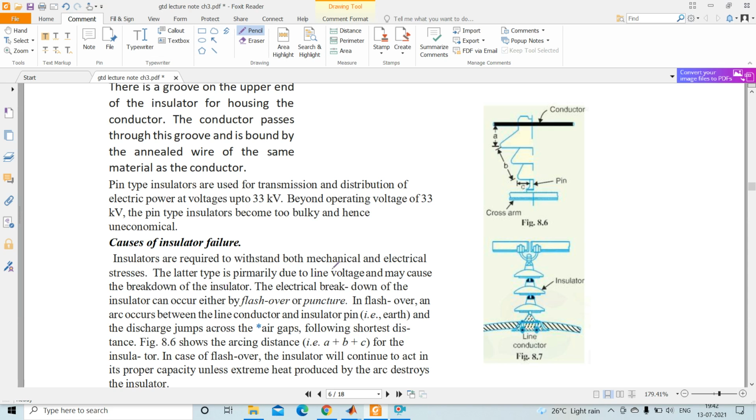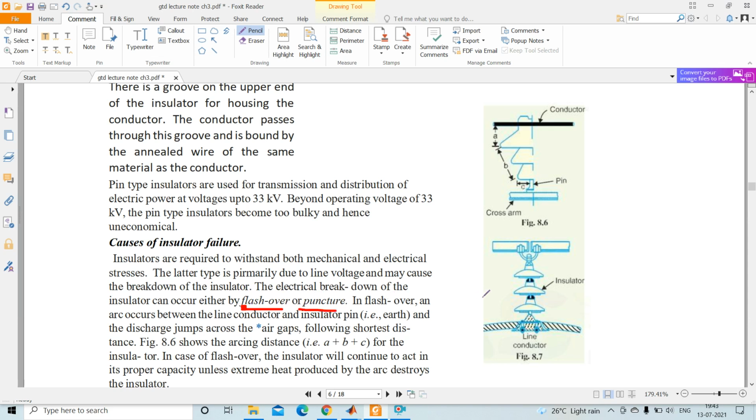The electrical stress is primarily due to line voltage and may cause breakdown of the insulator. When the line voltage exceeds a certain limit, it causes breakdown of the insulator. The electrical breakdown of the insulator can occur either by flashover or puncture.